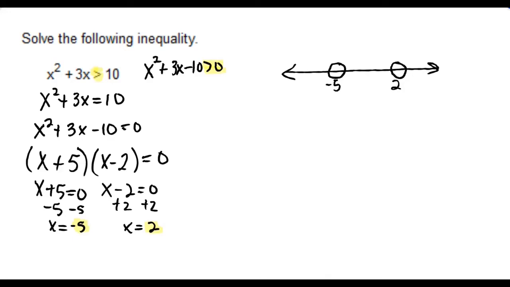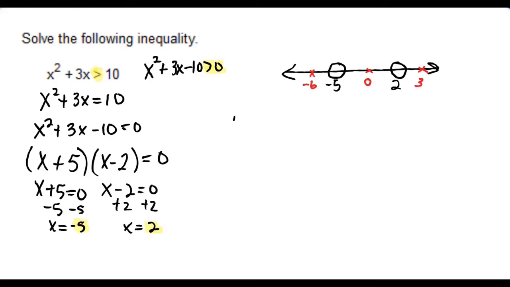Well, now what we need to do is test each one of these intervals to see which one of those intervals will make our inequality true. So I'll choose a test point in each interval. I can use a test point of negative 6 in the leftmost interval, a test point of 0 in the middle interval, and a test point of 3 in the right interval.